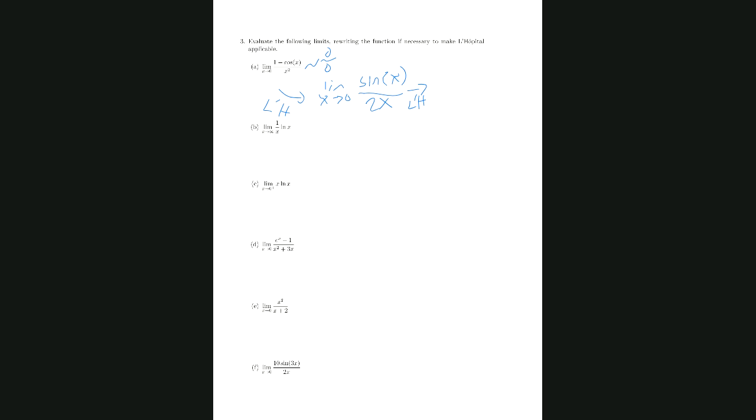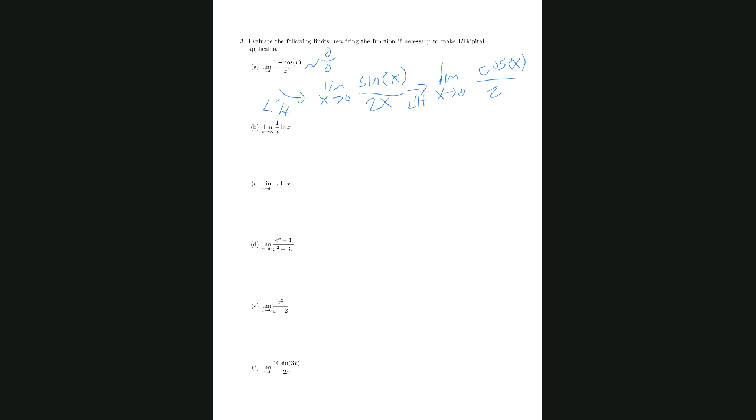If you take the derivative of the top and bottom now, it'll be the limit as x approaches 0 of the derivative of sine, which is cosine, over the derivative of 2x, which is 2.